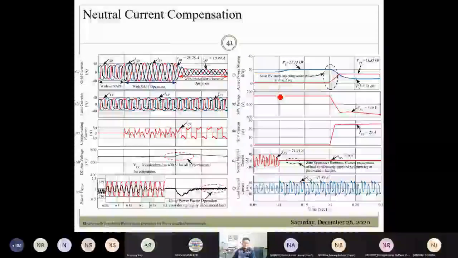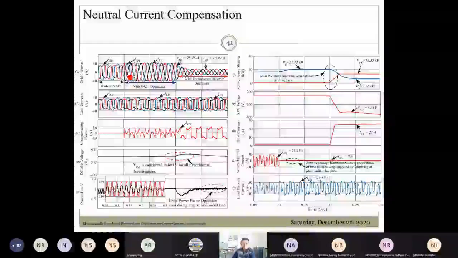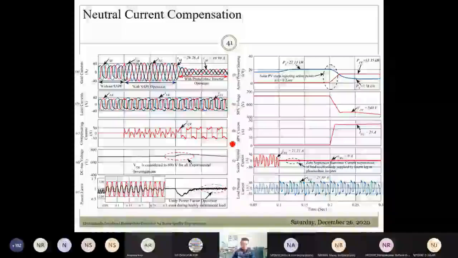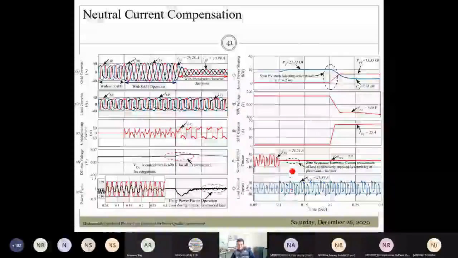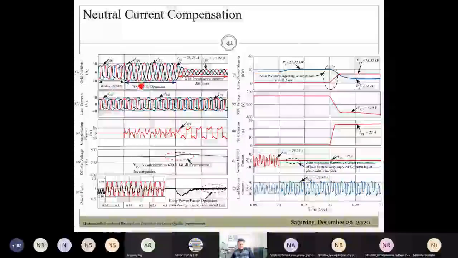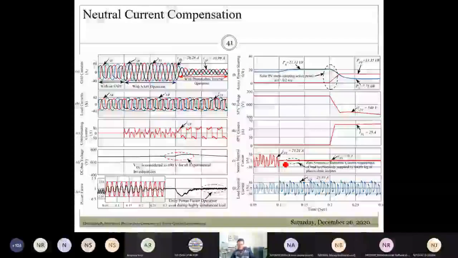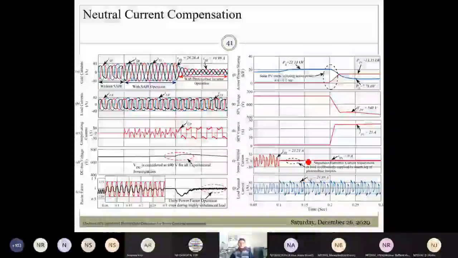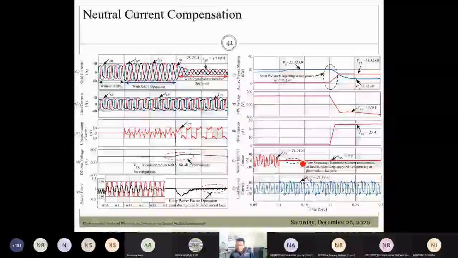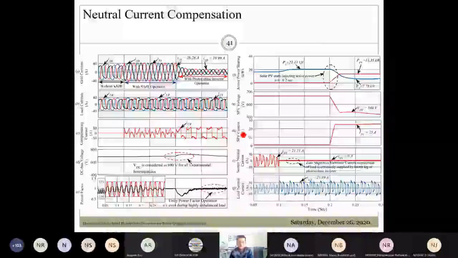Similarly, the operation of the PI 4VPI compensator is verified against unbalancing. Here you can see that at t equal to 0.1 second, when the active harmonic filter is enabled, the grid neutral current is reduced to 0 from 21.21 ampere, which proves the neutral current support capability of the proposed inverter.